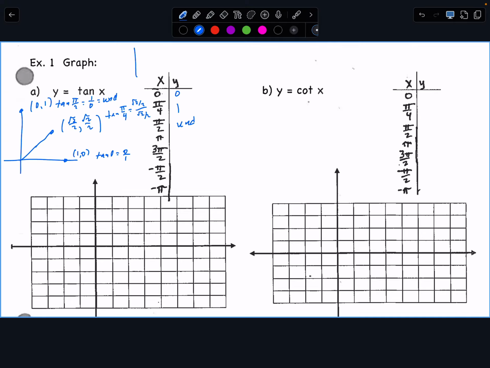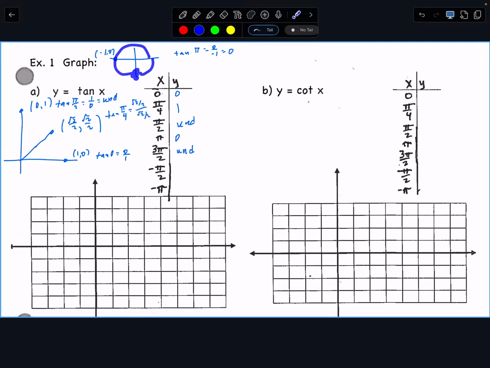If we go to pi, you have negative 1 over 0, and the tangent of pi being y over x is 0. And at 3 pi halves, it's going to be undefined. And 3 pi halves is the same as negative pi halves. 3 pi halves goes all the way to here.